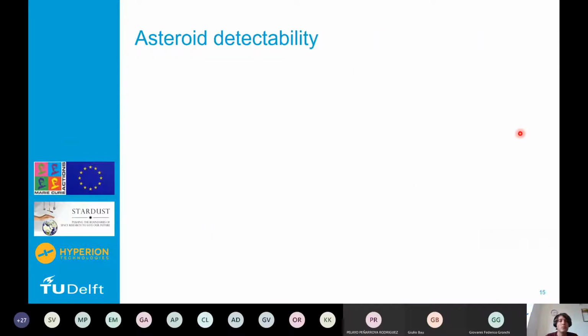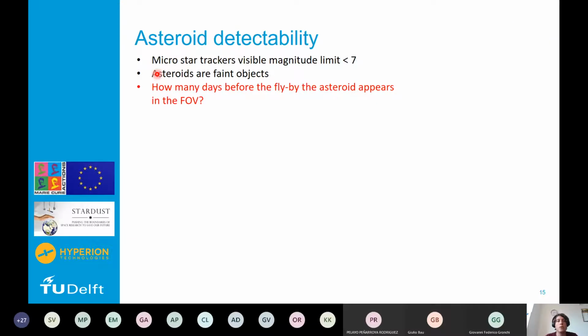The second aspect that I want you to keep in mind is the asteroid detectability, because if we want to use star trackers to track asteroids also during the far approach, we have to keep in mind that micro star trackers have a limit on the visible magnitude, usually well below 7. And asteroids are really faint objects. So we should ask ourselves how many days before the flyby the asteroid appears in the field of view.